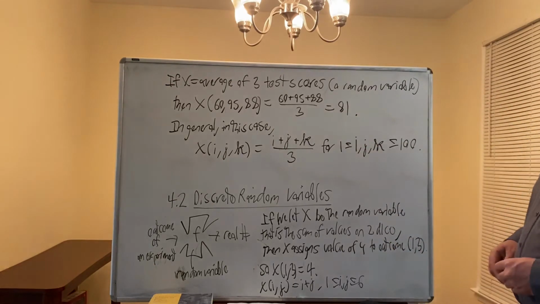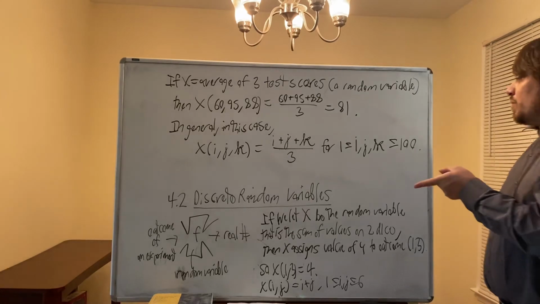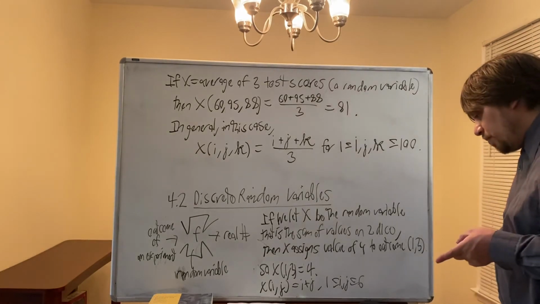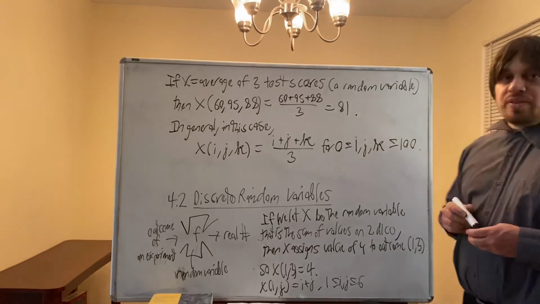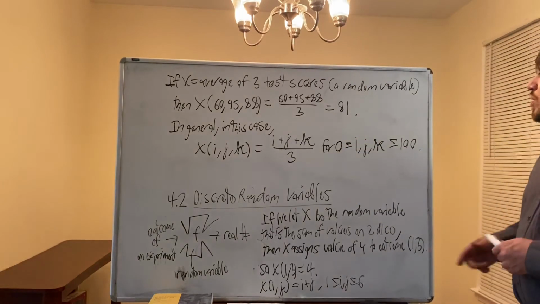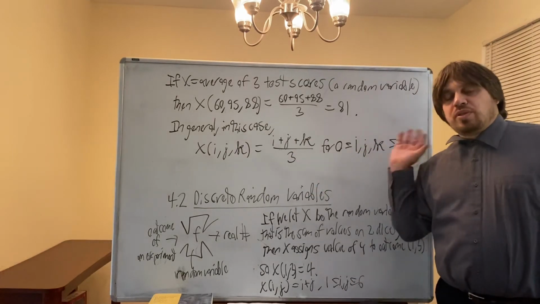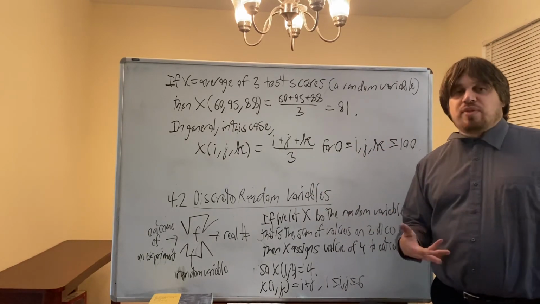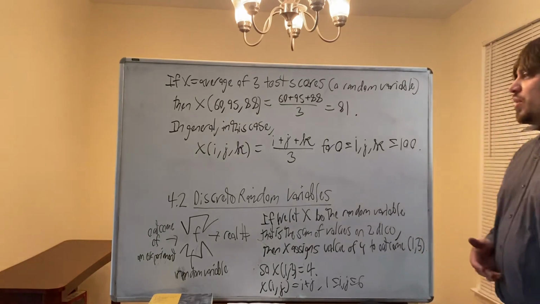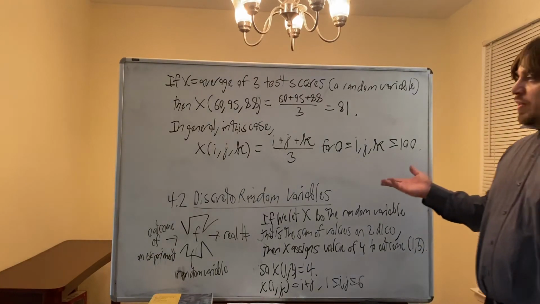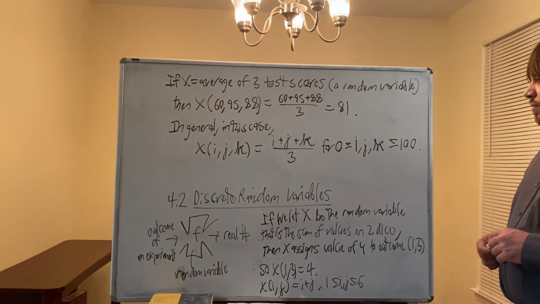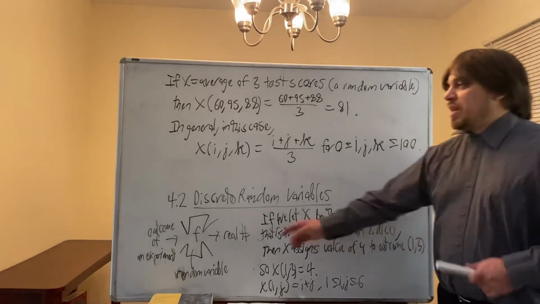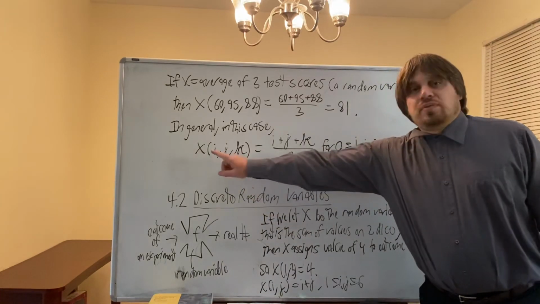Here, the average of 3 test scores, well, the average if each test is between, so it's not 1 to 100, it's 0 to 100. You can get a 0. The lowest score is not 1, it's a 0. Okay, so then if each test score is between 0 and 100 inclusive, the smallest the average could be is a 0, and the largest the average could be is 100. And so the sample space would be each result of the test.